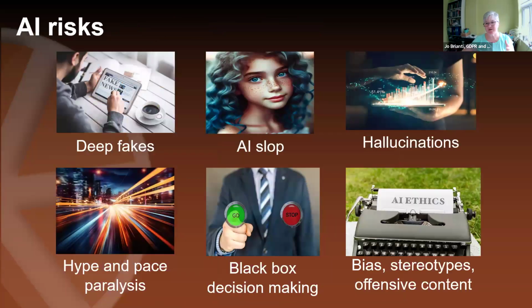So let's get into some of the really sexy bits now. The AI risks. One of the things that I didn't put on here was the risk of copyright issues. So I just wanted to talk a little bit about that.